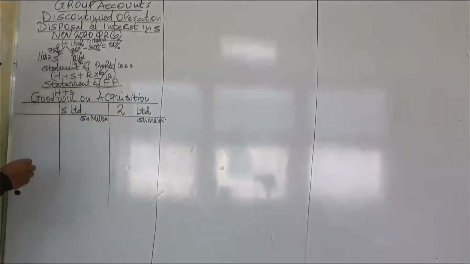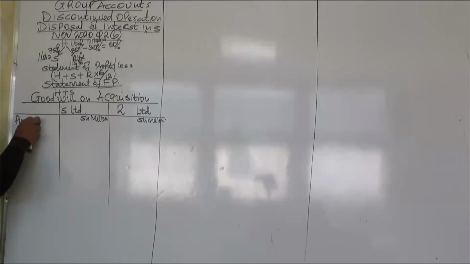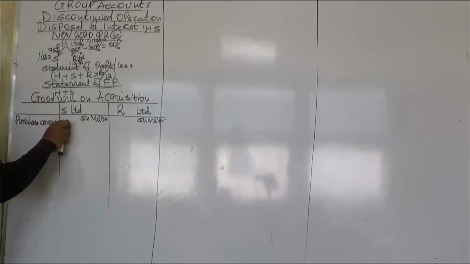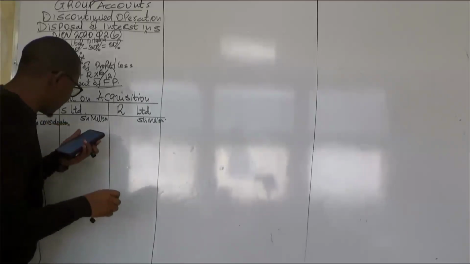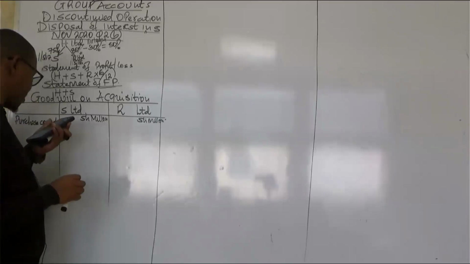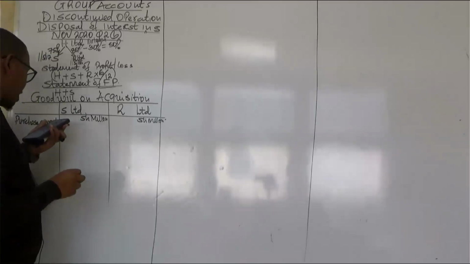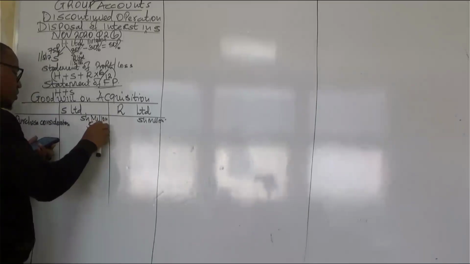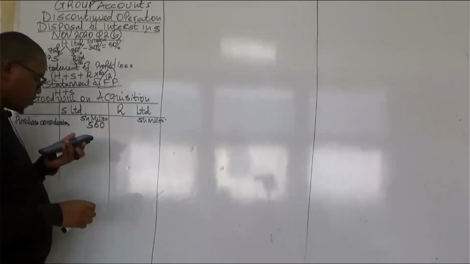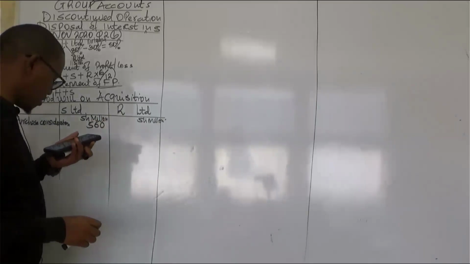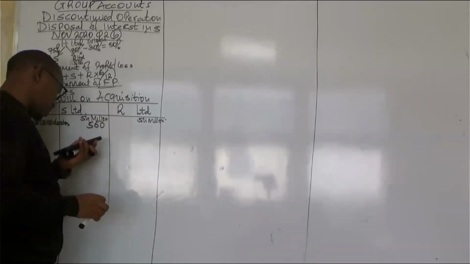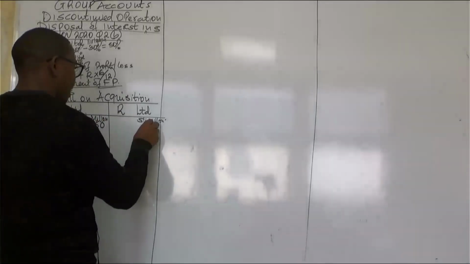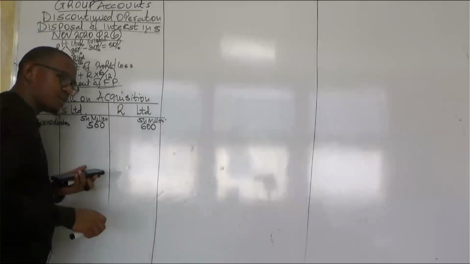So in our case here, we'll just take the purchase consideration, which is generally the cost of investment. Now, what was the purchase consideration for S? In additional information number one, you had acquired this for 560 million, right? What about for R? In additional information number two, you had acquired that for 600 million.